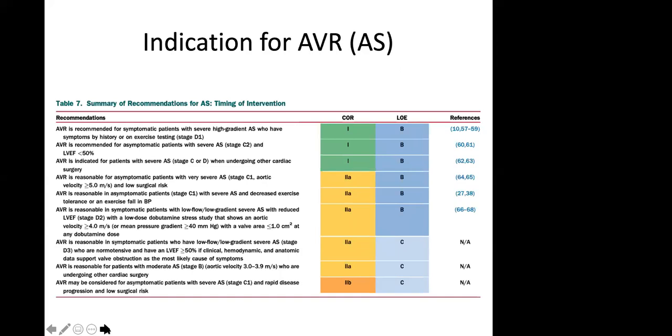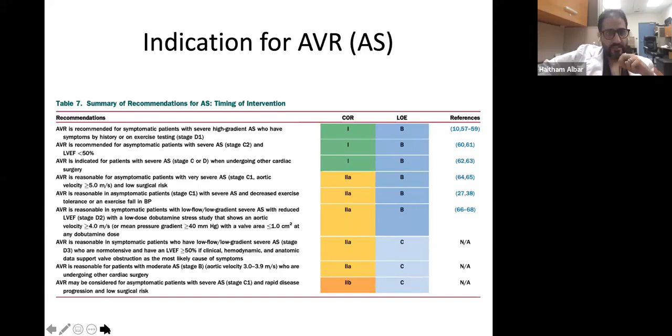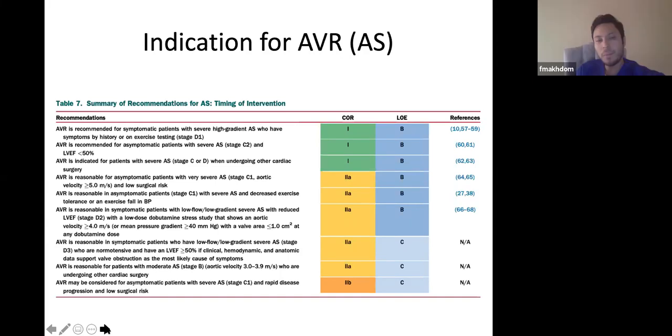And there's one more, in the stress test, right? 2A, yes, cannot tolerate a fall in blood pressure with exercise stress testing. But unlikely, sometimes in patients with severe aortic stenosis it's very dangerous to stress them. So honestly I rarely see this indication.